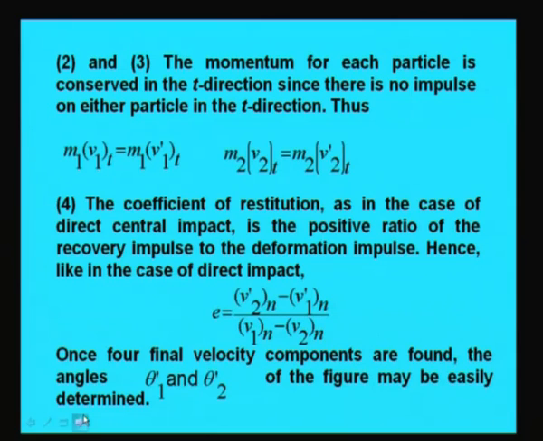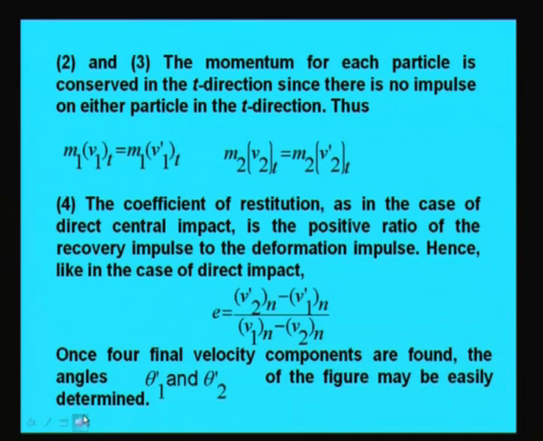Now the fourth condition is the coefficient of restitution, as in the case of direct central impact. It is to be noted that the coefficient of restitution is defined as the ratio of the velocity of separation to the velocity of approach. These velocities are always normal, not the tangential velocity.